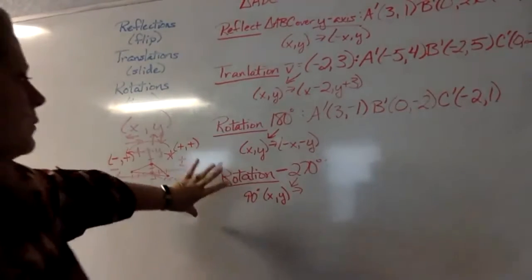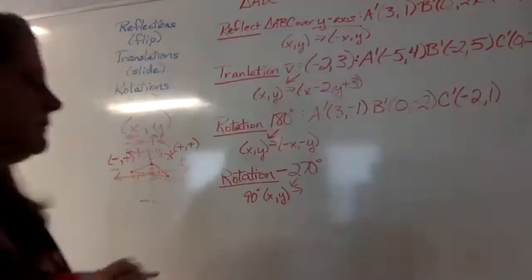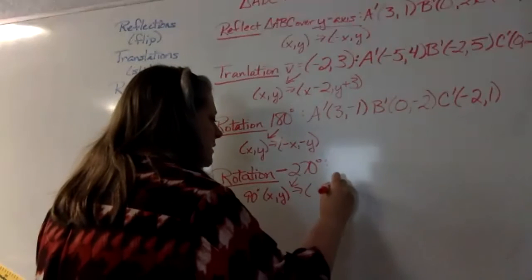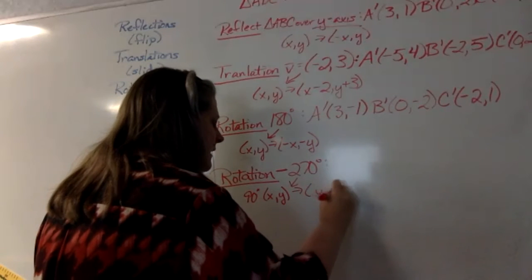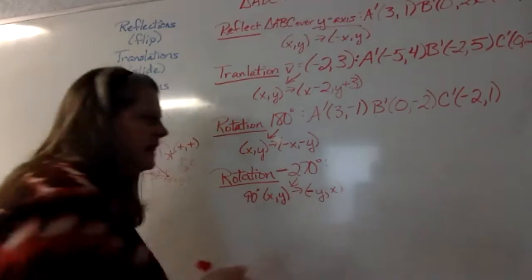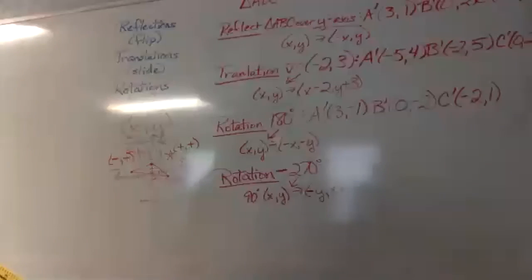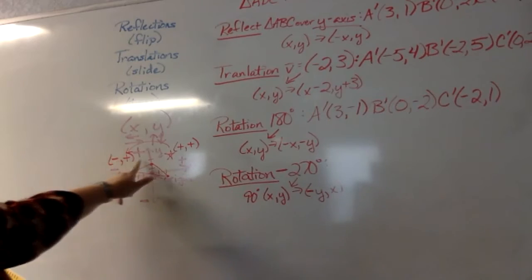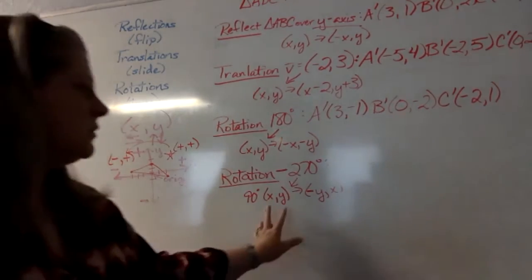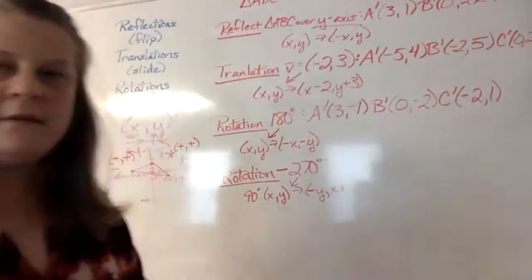Okay? When we're doing that rotation, we do 2 things. We switch the order of the X and Y, and then the first one has to have the opposite sign. So, because over here, the first one's negative and then positive. So you switch the order and then you change the sign on the first one.